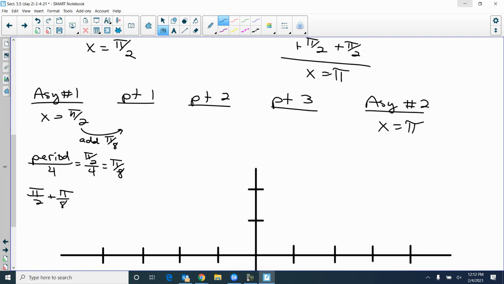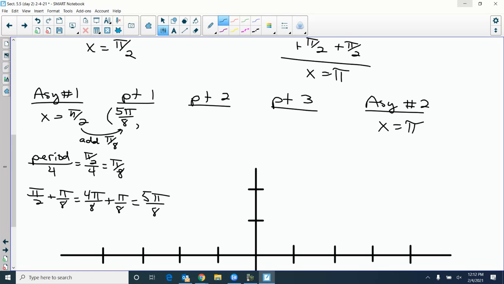That is going to be 4 pi over 8 plus pi over 8, 5 pi over 8. Okay, do you know what the y coordinate will be? Will it be positive 3 or negative 3? Positive. Positive 3 because it goes from high to low.